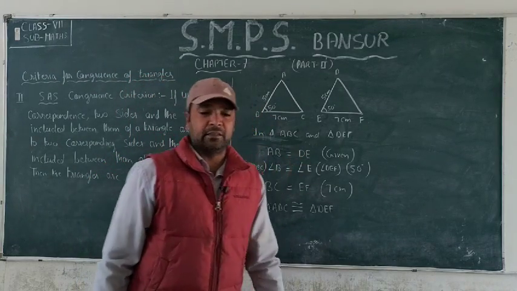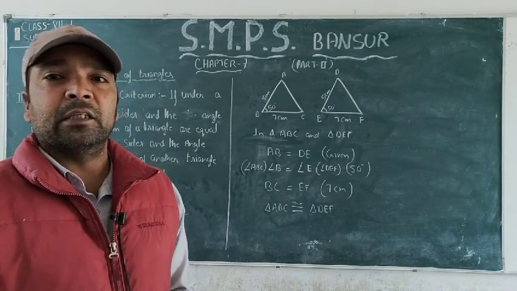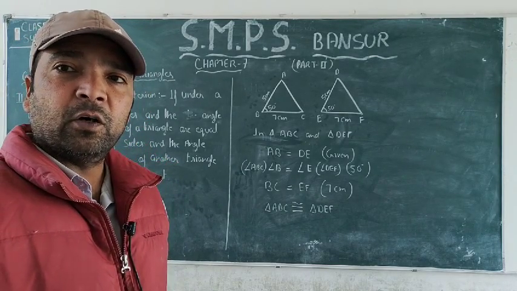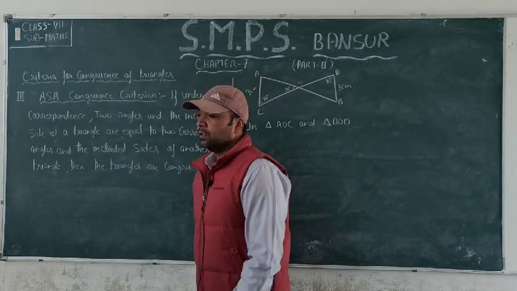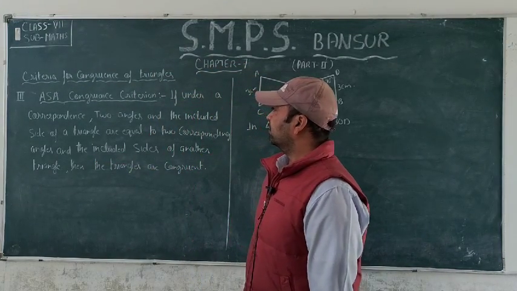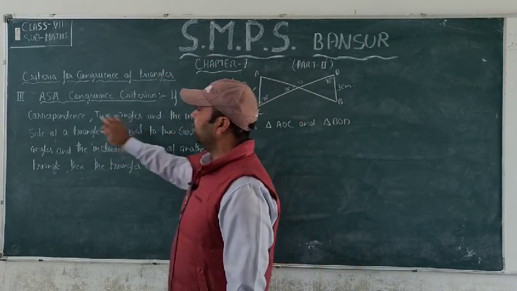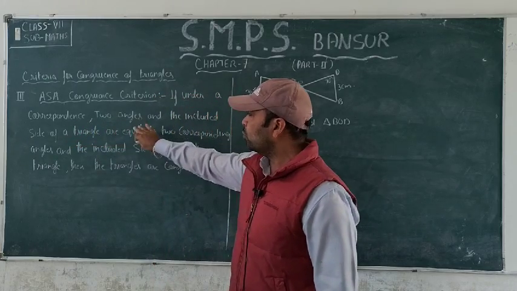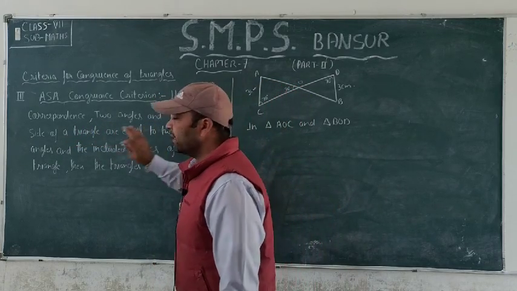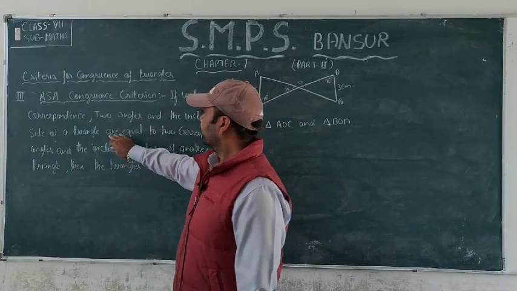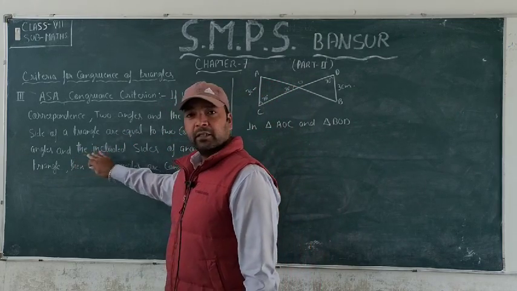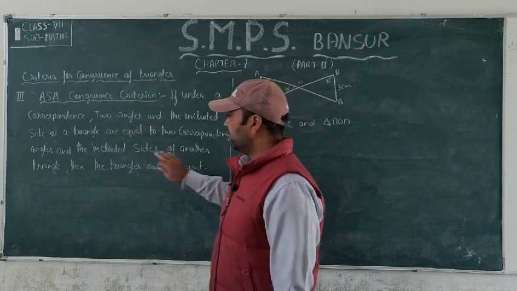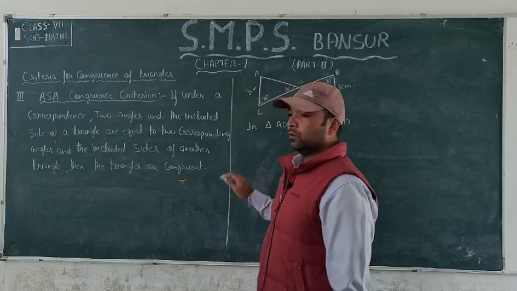with one example. Now we move to the third criterion of congruence of triangles. Yes, now the third criterion, ASA congruence criterion. If under a correspondence, two angles and the included side of a triangle are equal to the two corresponding angles and the included side of another triangle, then the triangles are congruent.